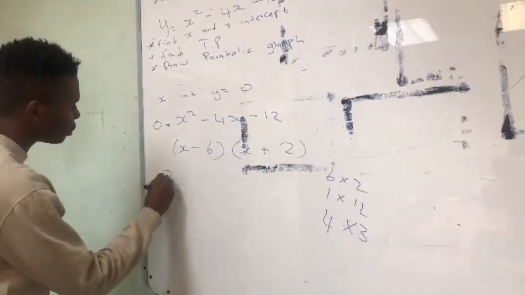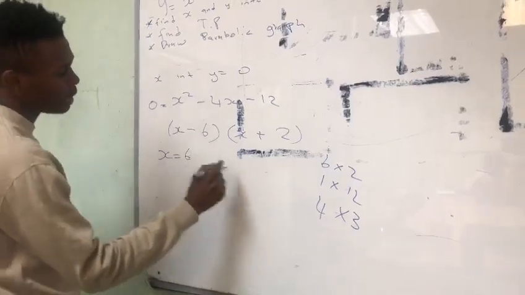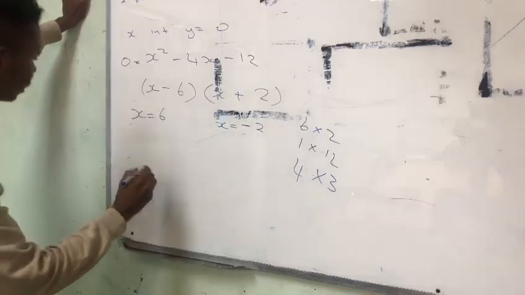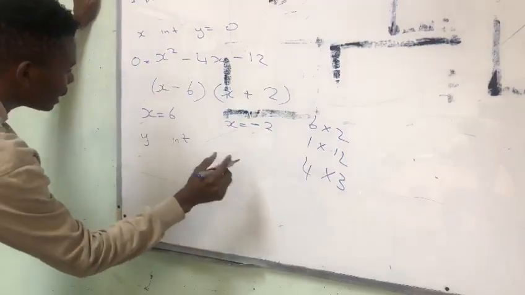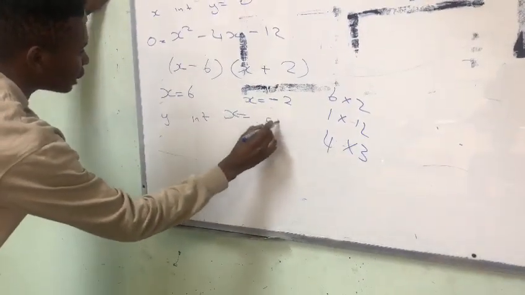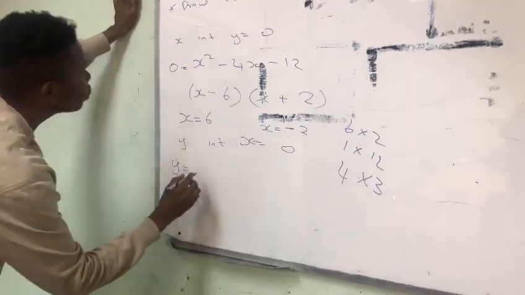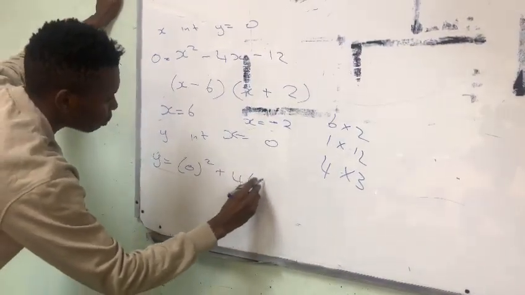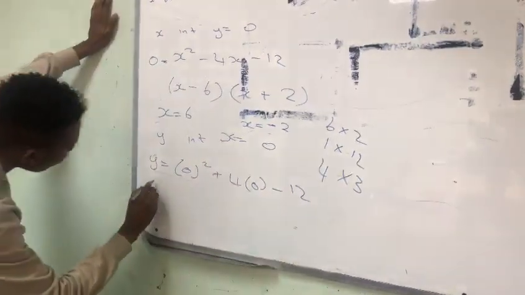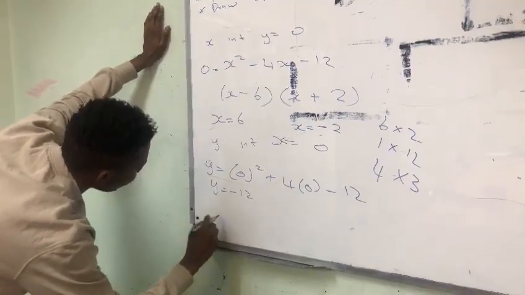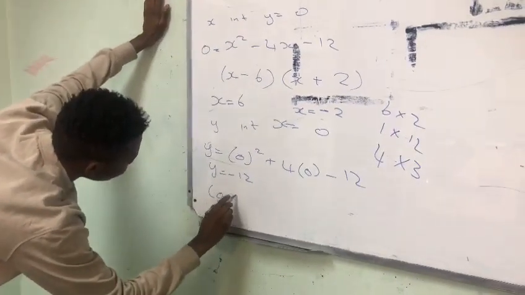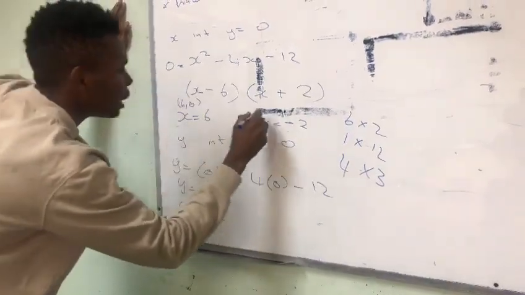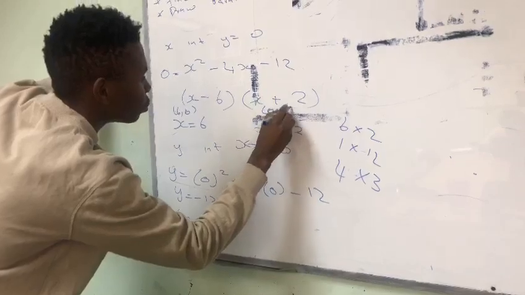So our x values will be positive 6 and minus 2. Then we look for the y intercept. At the y intercept x is equal to 0, so y will be 0 squared minus 4 multiplied by 0 minus 12, and our y value will be minus 12. Our coordinates will be 0 and minus 12, then 6 and 0, and here 0 and minus 2.